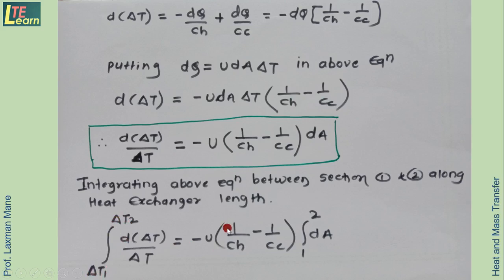On the right side, minus U and this bracket, all these are constant terms, so they remain outside of the integration. So the integration of 1 to 2 will be of dA. Now the integration of this term will be what? 1 upon something means log of something in mathematics.